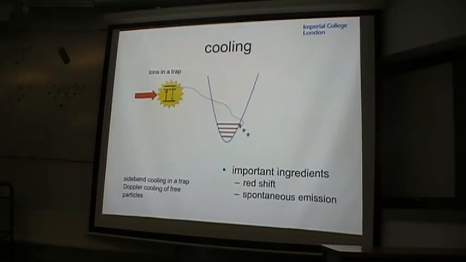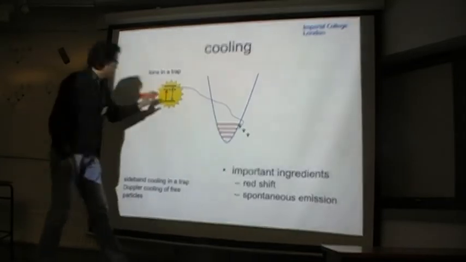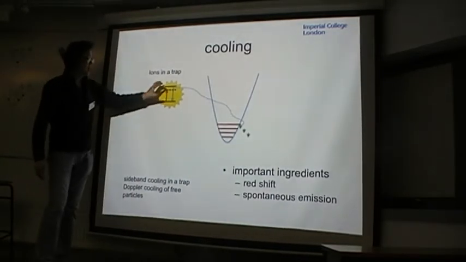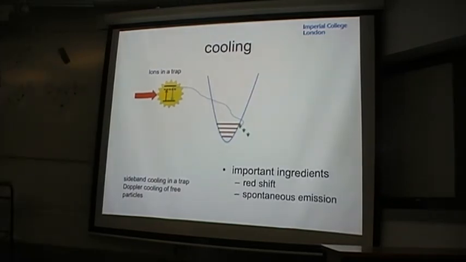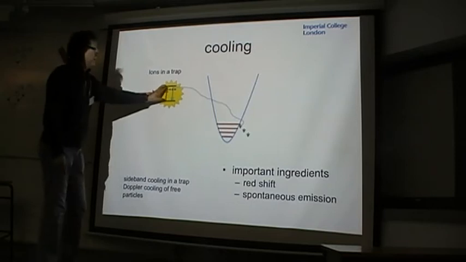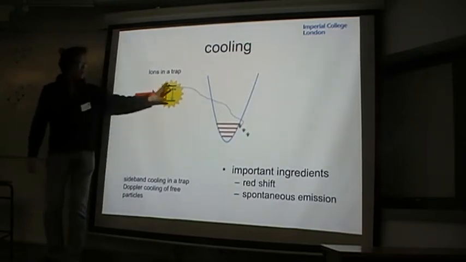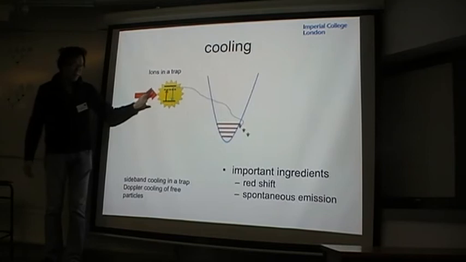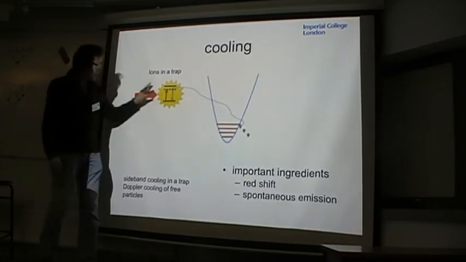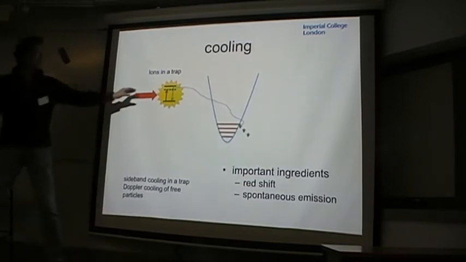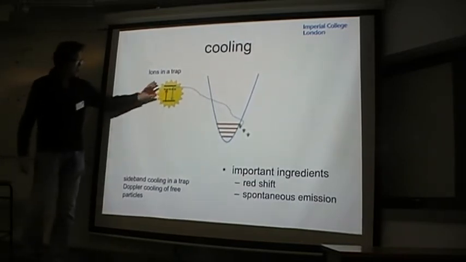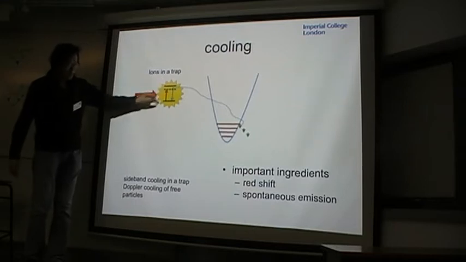So we can see that there are two important ingredients for cooling. One is redshift. There must be some energy difference between the natural frequency of the internal energy levels of the atom or the particle, and the field which excites the atom.